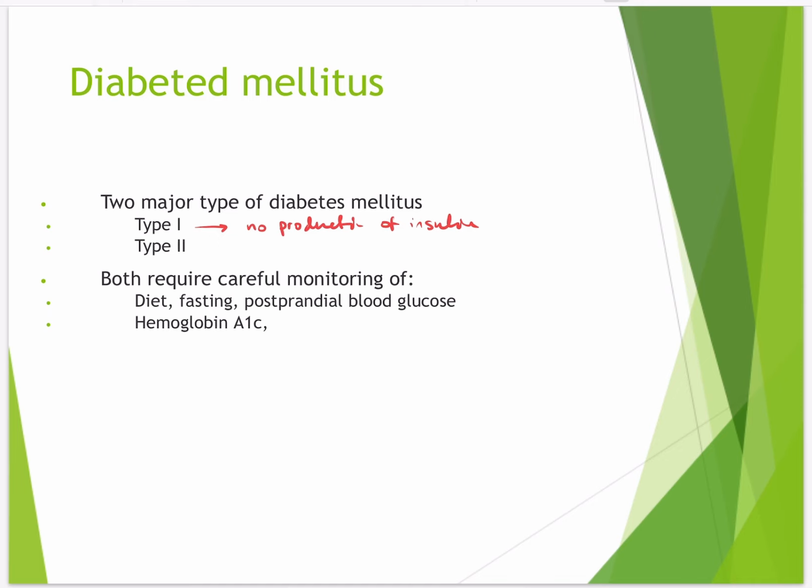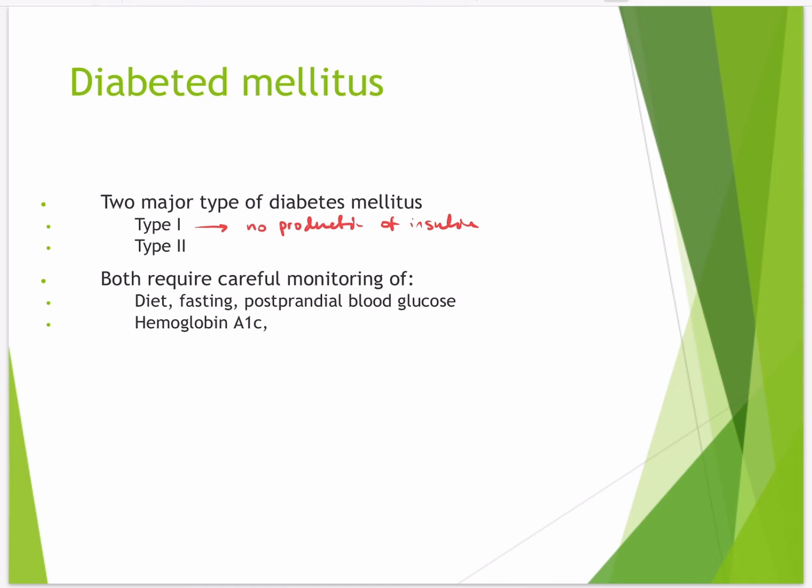Type 1 usually occurs in young age or in childhood, usually because of antibodies or autoimmune disease, which attack the beta cells.